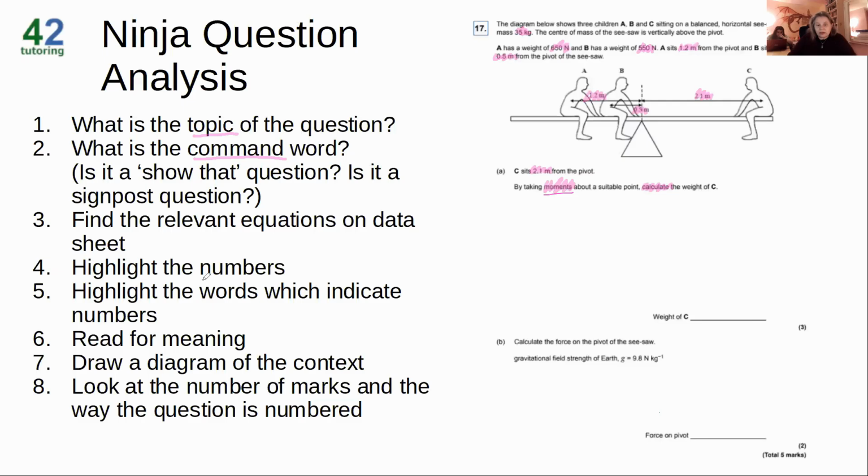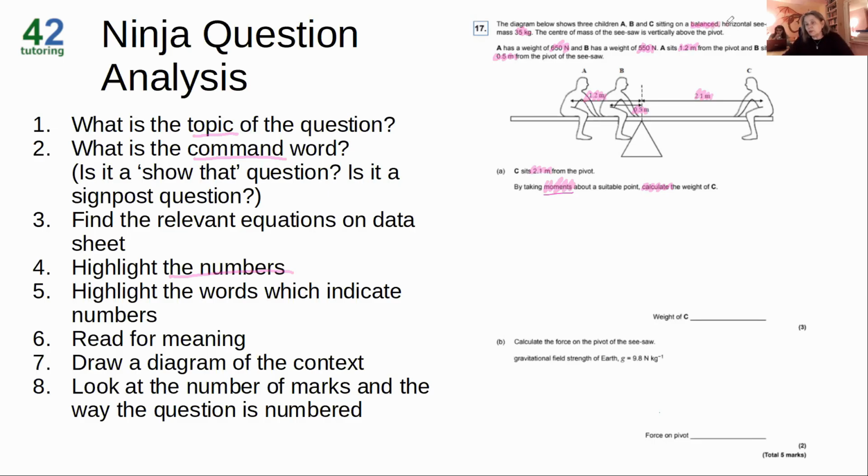Right, now, having done all the numbers, what I want you to do is highlight the words which indicate numbers. Now, actually, in this particular question, there aren't that many. You could highlight the word balanced.